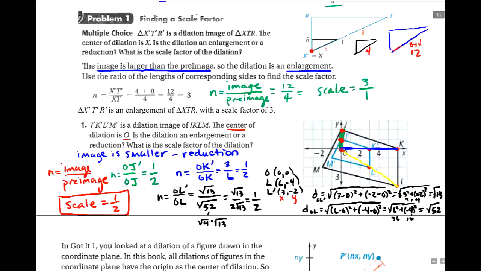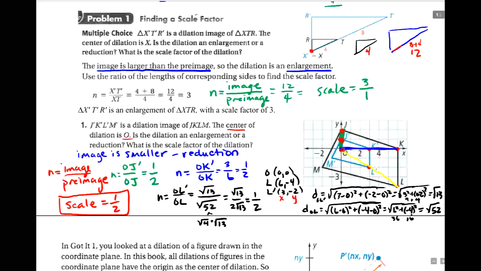If we're told that it's a dilation, 1 is probably enough and 2 confirms it, but we wanted to go a little further and be sure, so I drew line OL and compared that to OL prime. We know how to use the distance formula. I found my points, wrote my distance formula, and got the square root of 13 over the square root of 52.